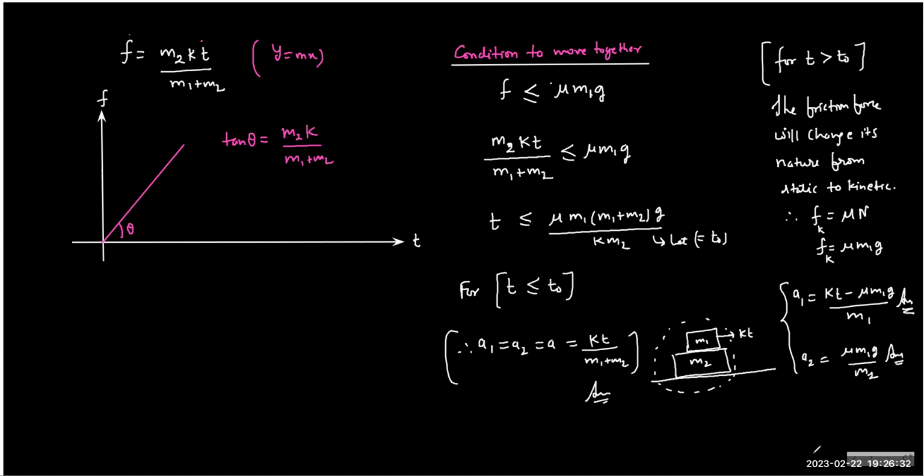So they will ask you, can you plot the graph of acceleration versus time for both the blocks? So if you plot a graph between acceleration and time, for quite a lot of time they will move together.